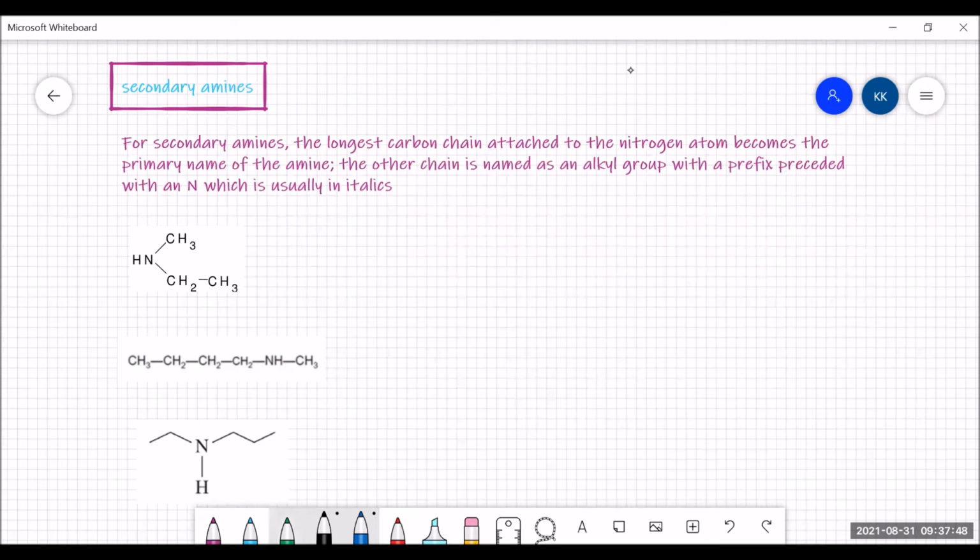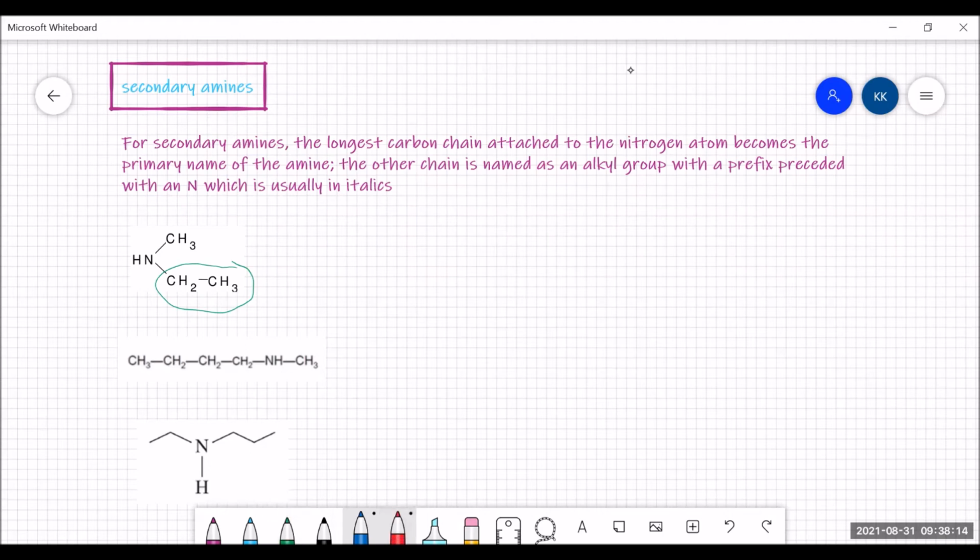First of all, we've got to find the longest carbon chain that's attached to the nitrogen. In this case, this is an ethyl group. So this is ethanamine, and it's a methyl ethanamine. But the way we actually list the name is we have the prefix preceded with an N in italics. Now, I use a capital N, but you will see a lowercase n in some cases.